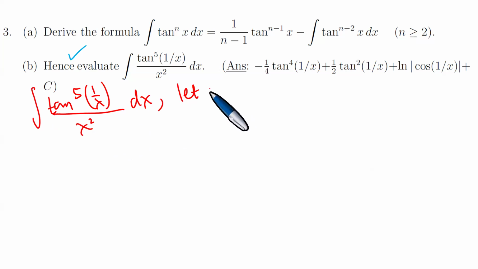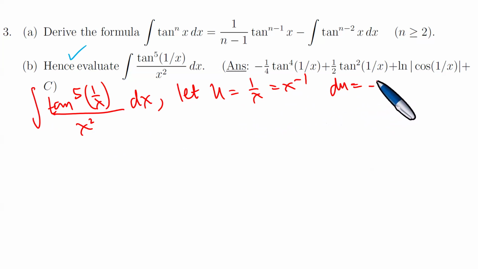We let u be equal to 1 over x, which is x to the power minus 1. Then du is minus x to the minus 2 dx, which means that minus x squared du is dx.